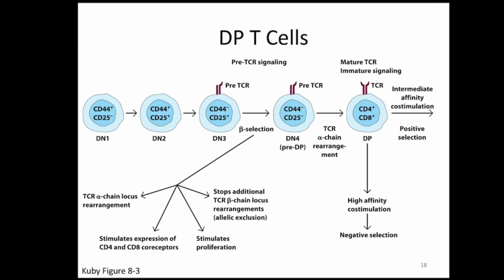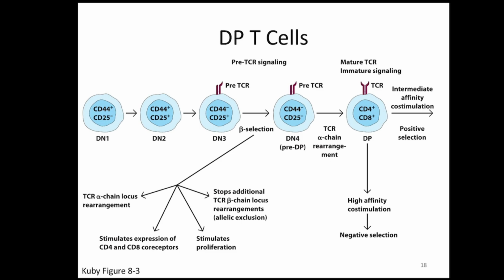Those are only cells that exist in the thymus. And so the cell has to make a choice. Am I going to be CD4 or am I going to be CD8 before it leaves? We're only going to talk a little bit about that. We're going to talk a lot about the testing for self-reactivity. But both of those decisions have to happen before the cell leaves the thymus.